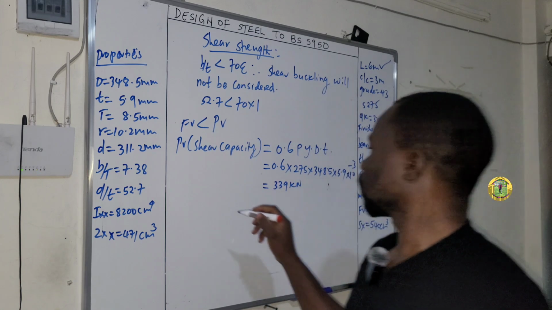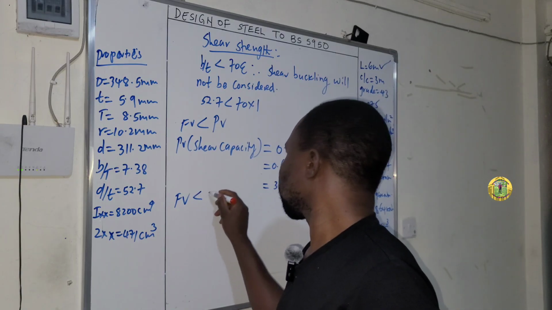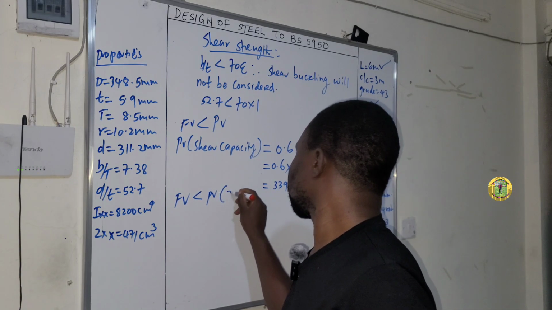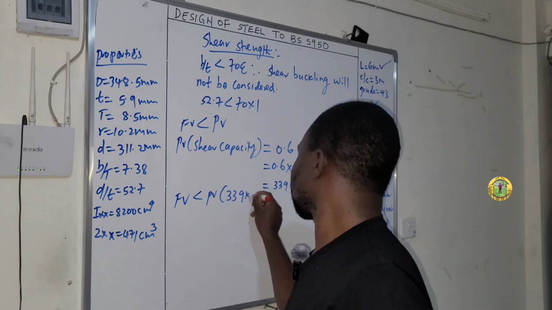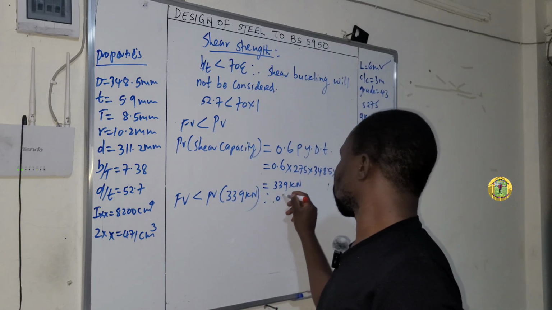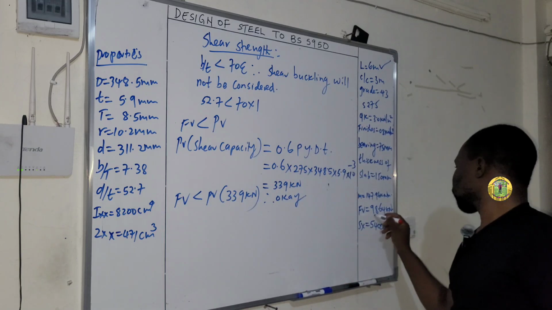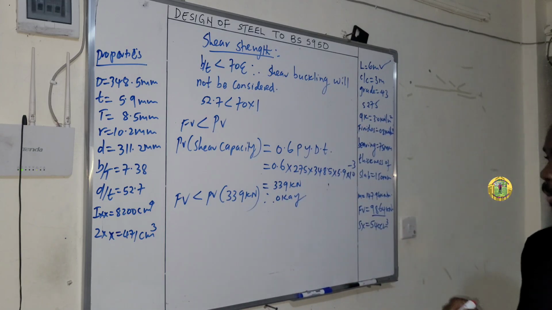As you can see, the design shear force, which is Fv, is less than Pv, which is 339 kilonewton. Therefore, okay. Remember, our design shear force is 98.64.